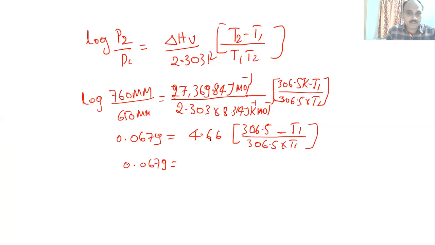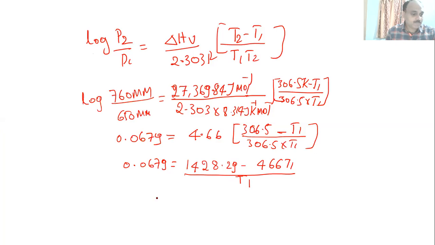what? This we have already written, and further (1,428.29 minus 4.66 into T1) divided by T1, right?